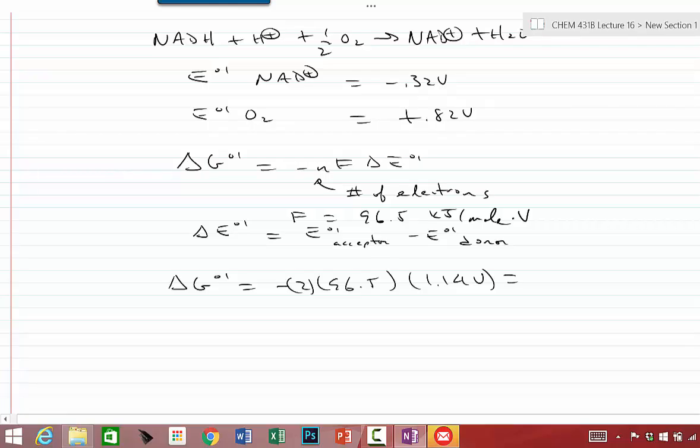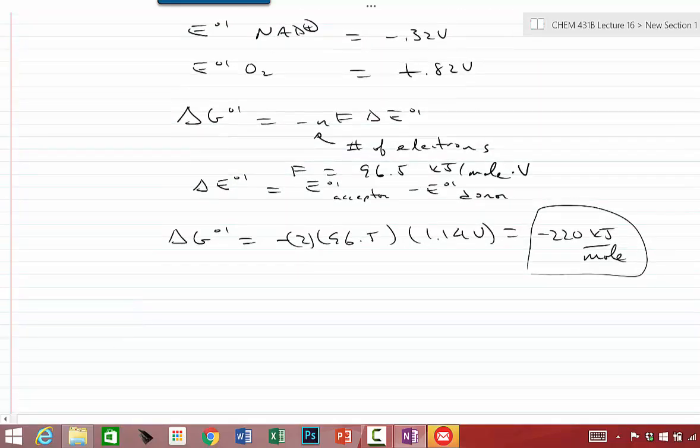And that's going to be equal to minus 220 kilojoules per mole. Okay. So that's a very exergonic reaction. And of course, we use this energy to make ATP.